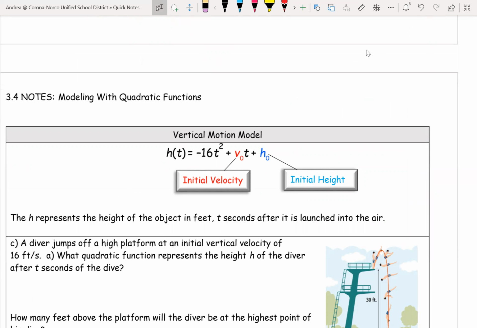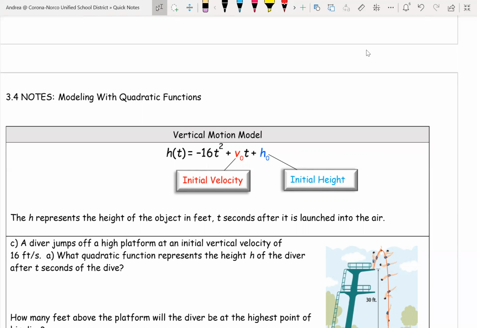No one's in physics here? Have you done vertical motion yet? No? Okay, so eventually you'll get there to determine at what velocity you should be launching things to get a certain height or distance that you want to travel. And this is the formula for vertical motion. It is a quadratic function.